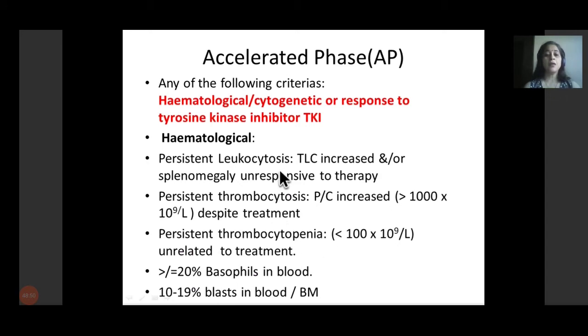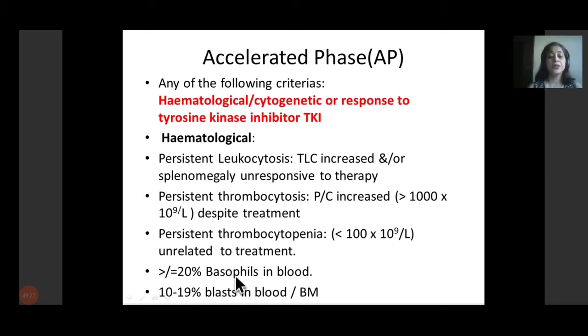So any combination of anemia, leukocytosis, thrombocytosis, and thrombocytopenia, which is persistent and unresponsive to therapy, is considered as AP. Here, compared to CLL, anemia is not given a huge emphasis for stage transference compared to the leukocytes and the thrombocytes percentage or count.